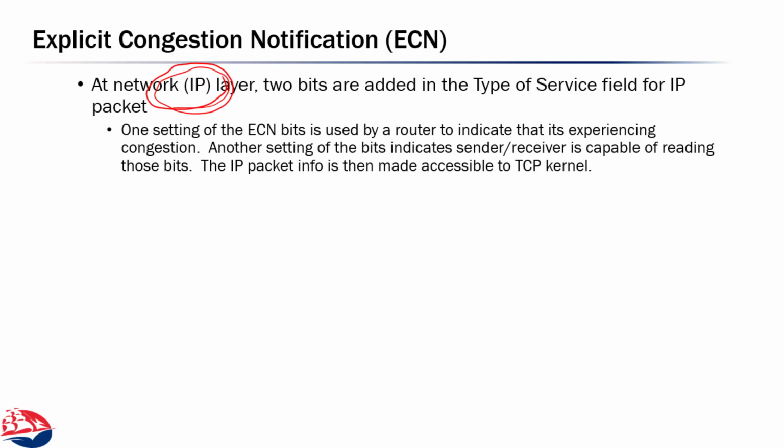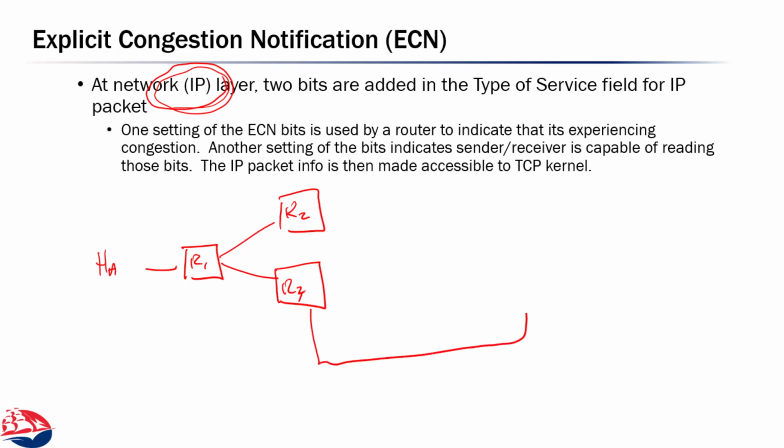Let's say that I have host A, and it's connected to router 1. Router 1 is connected to routers 2 and 3. Router 3 is connected to host B. And router 2 is connected to router 4, which is connected to host B.